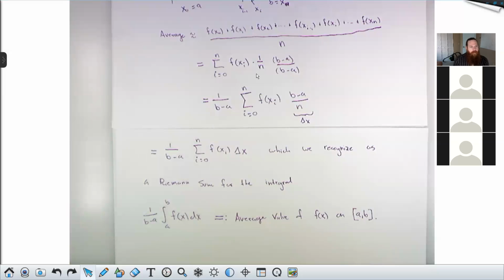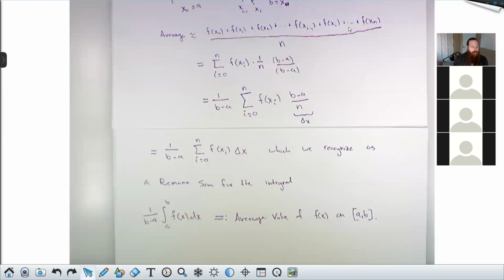What Nicholas said in chat there is pretty much correct. My only caveat would be that we're not actually going over all the x values in the interval. We're looking at finitely many x values in this interval. There's exactly n of them, or n plus 1, I guess, from x0 to xn. There's n plus 1 terms in this sum.